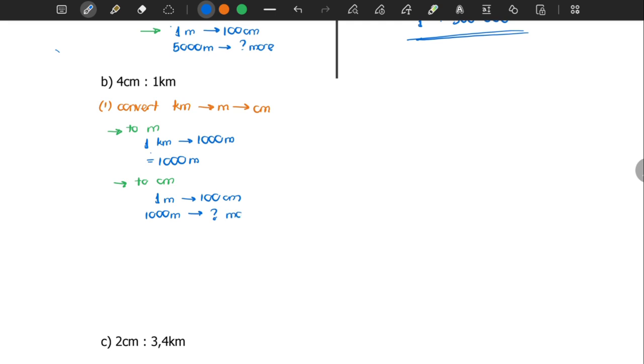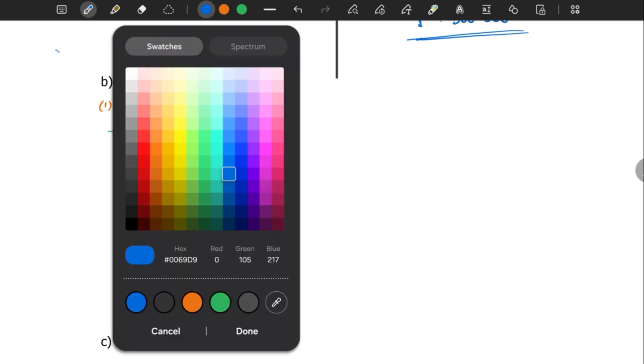By proportion, it should be more, because 1,000 meters is much greater than 1 meter. So we invert, it's 1,000 over 1 times 100, which gives us 100,000 centimeters.